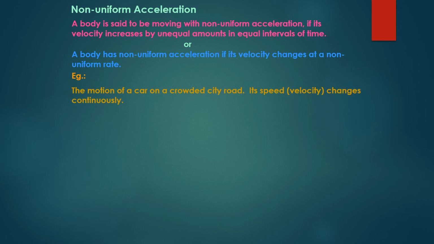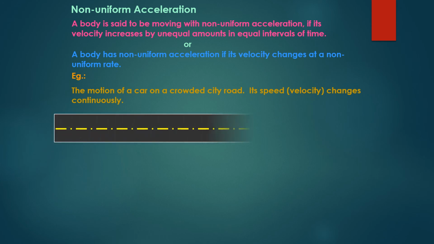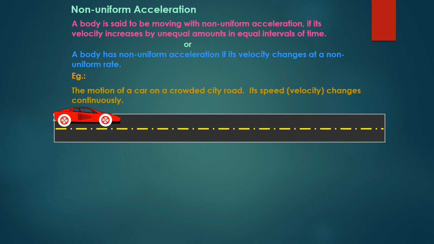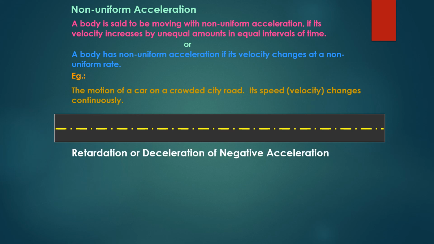For example, the motion of a car in a crowded city or town. Its speed or velocity changes continuously. It moves with variable velocity. It has to compensate with the crowd and then it moves at a differential speed. This is called non-uniform acceleration.